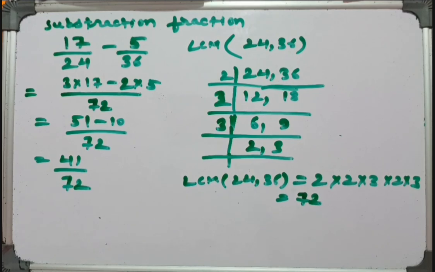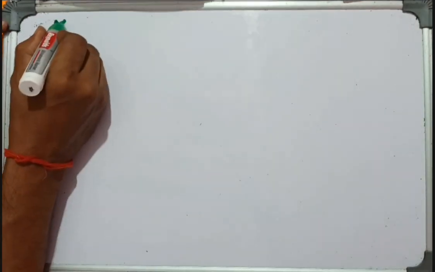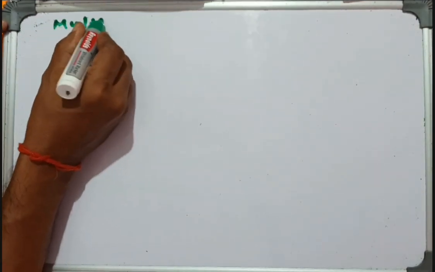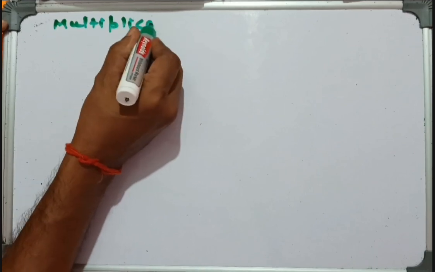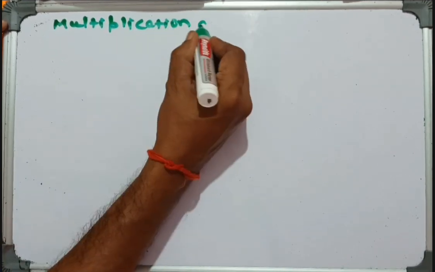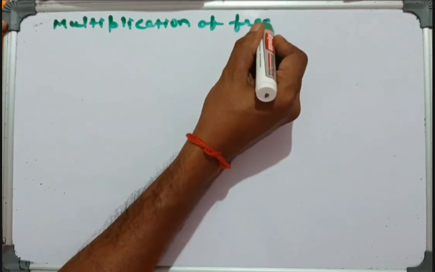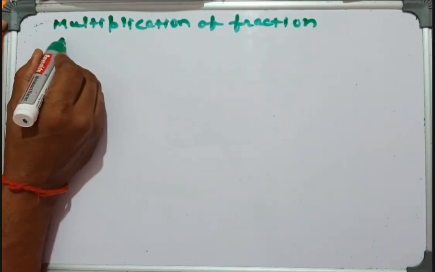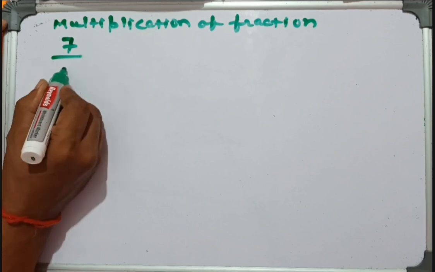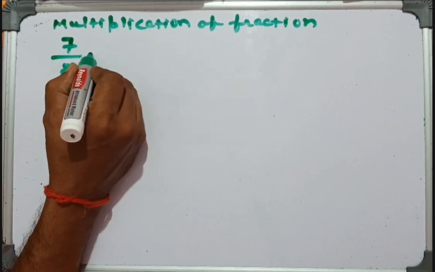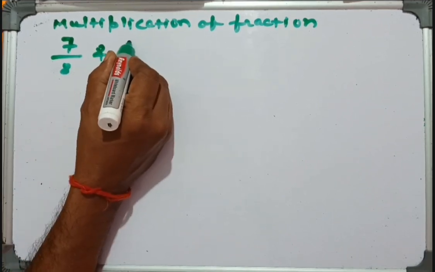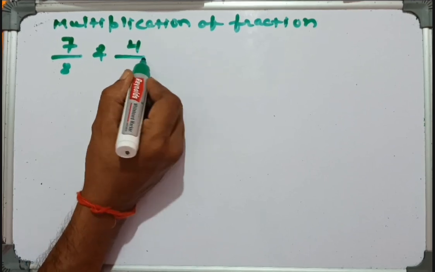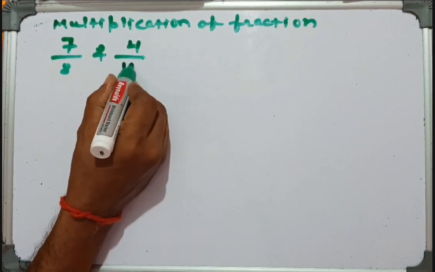Okay guys, next we will see an example of multiplication of fractions. Suppose we have two numbers, 7 by 8 and 4 by 12.